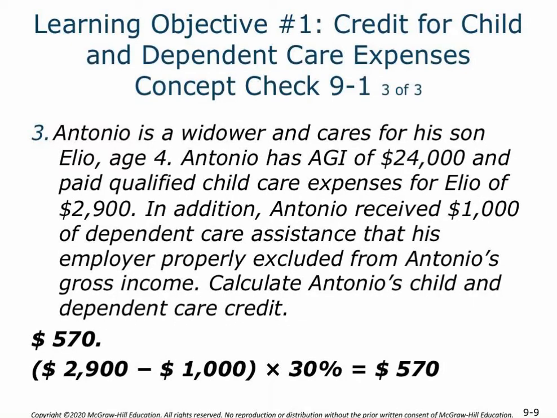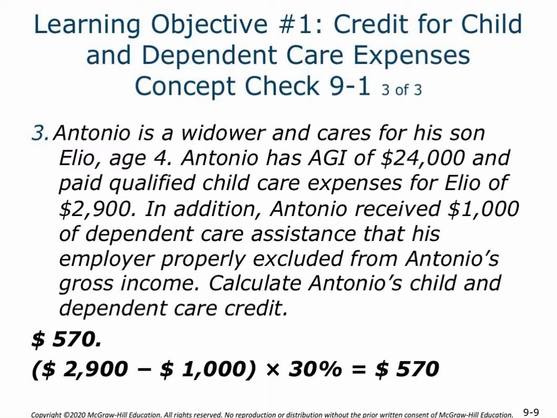Concept check 3. Antonio is a widower and cares for his son Elio. Antonio has an AGI of 24,000 and paid qualified child care expenses of 2,900. In addition, Antonio received 1,000 of dependent care assistance from his employer, which was excluded from that income amount.